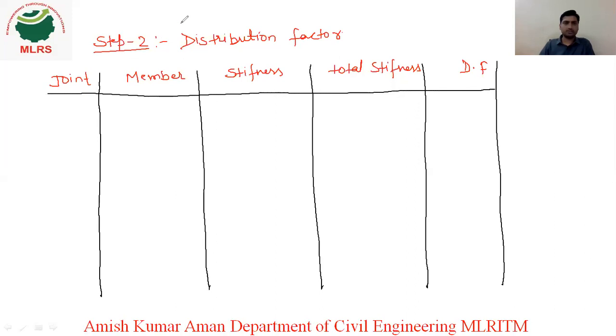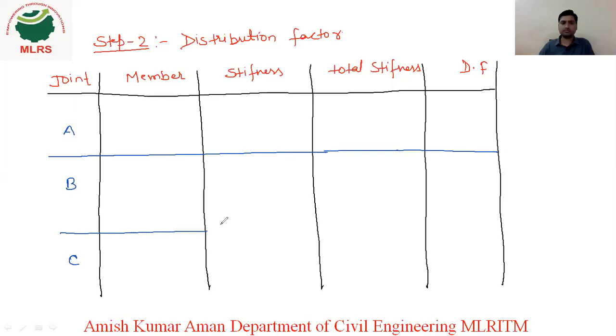Okay, so first we have joints: A, B, and C. So joint A, joint B, and this is your C joint.